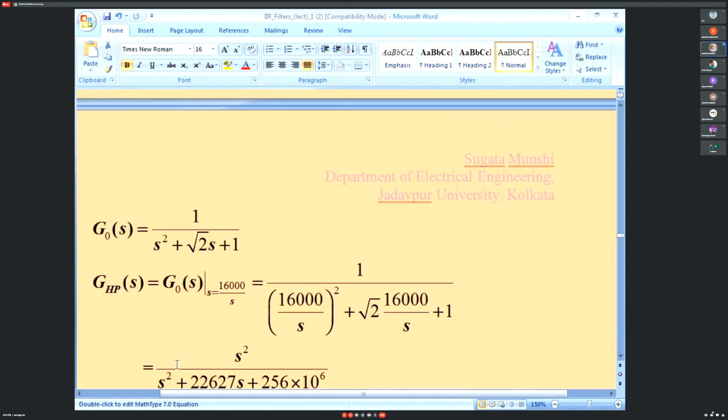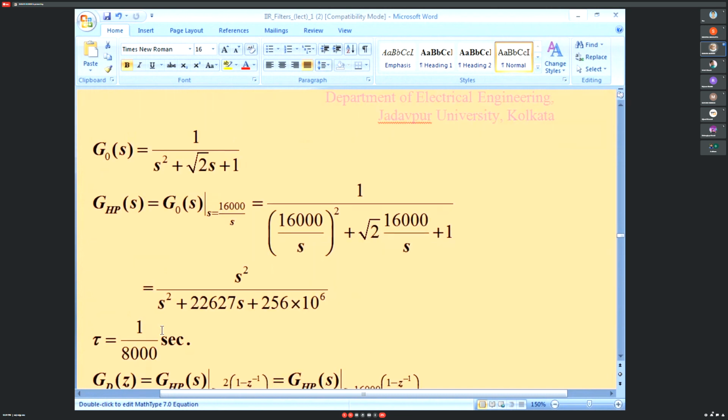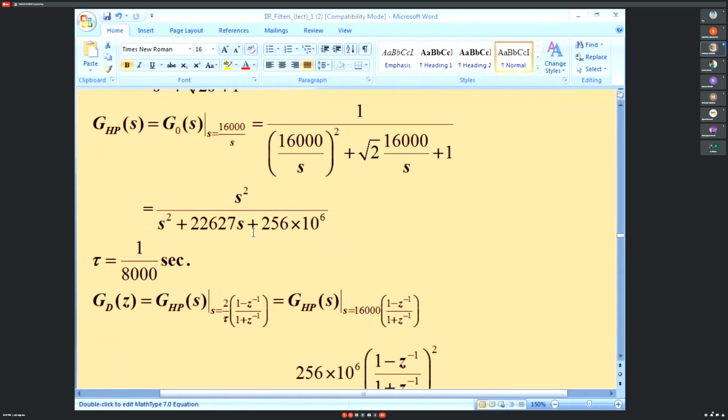Therefore, the low pass filter prototype that we have to use, the normalized low pass filter transfer function, will be the second order expression. The high pass filter transfer function will be obtained simply by replacing S with omega C by S. So that is the expression that we will obtain. Tau is 1 by 8000, 8000 hertz is Fs.